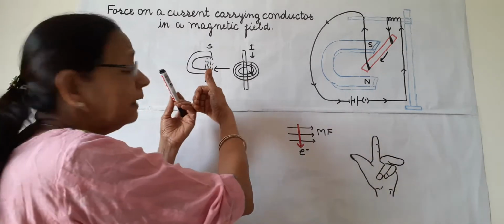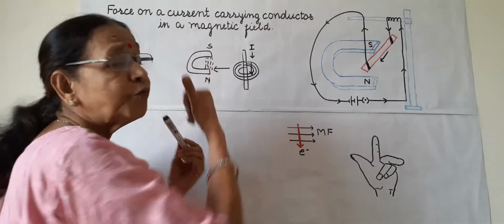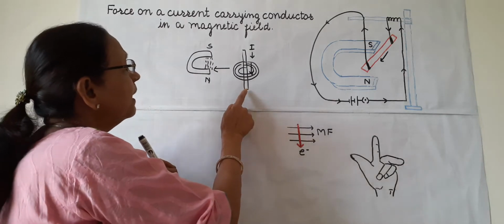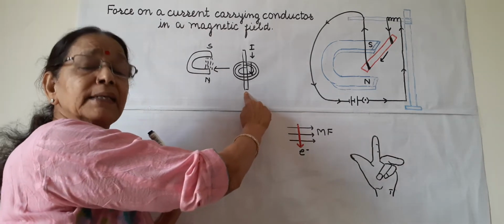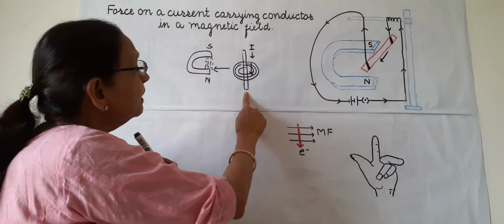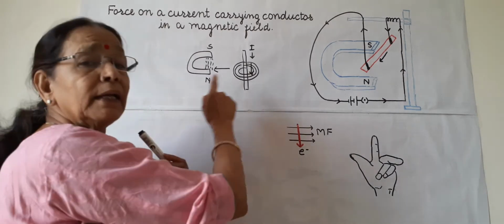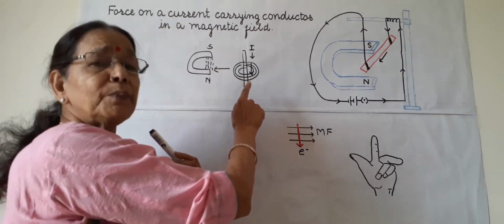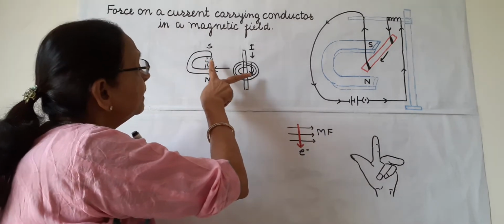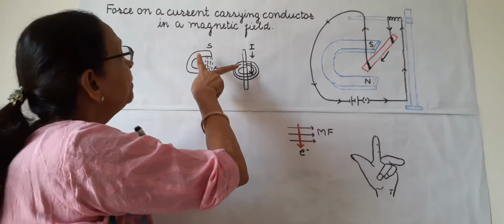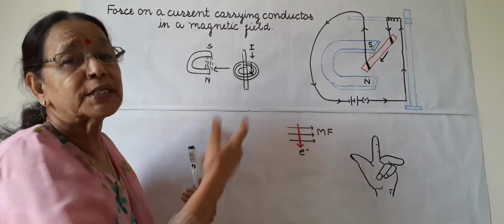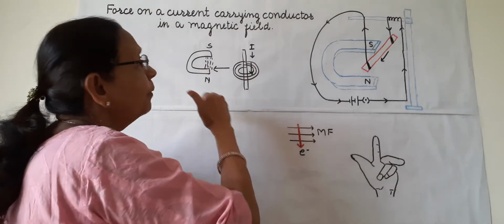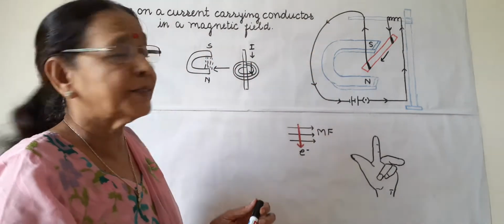When there is an interaction, a force will be produced, and this force will be experienced by this conductor, and this conductor will be dislocated, or it moves from its original position, due to the interaction of magnetic fields between these two. A force is developed. We will further explain this phenomenon by a simple experiment.